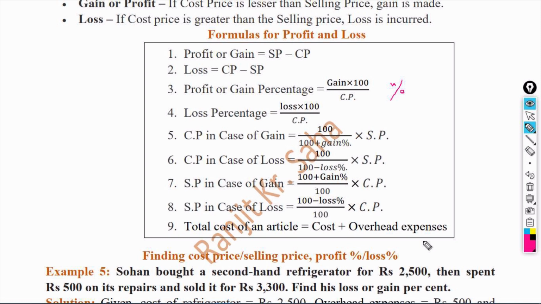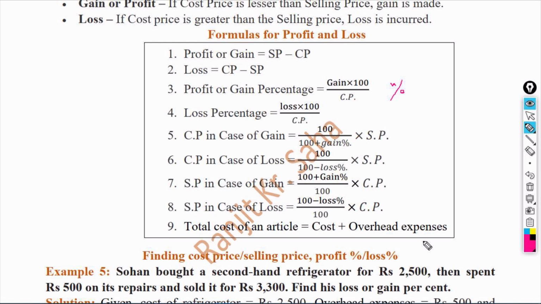When you add both the values, you will get the total cost of that article. That means, suppose any salesman purchases a watch for rupees 3000 and he puts a golden chain to that watch, the cost of the golden chain is 500.